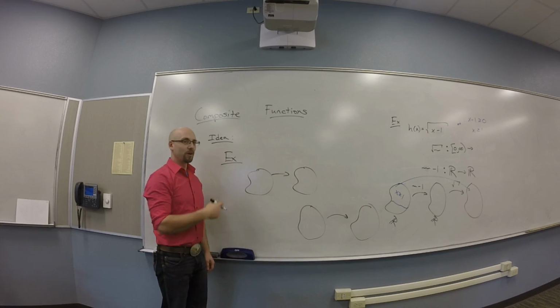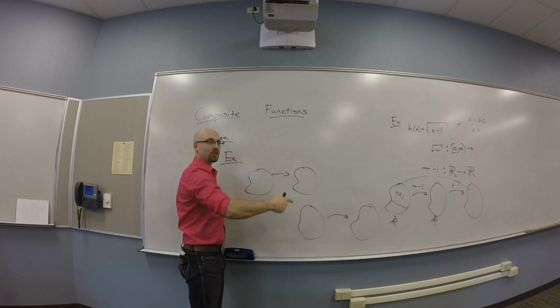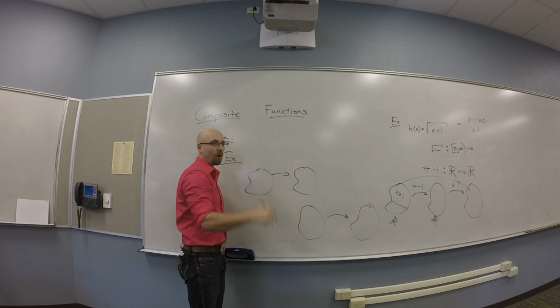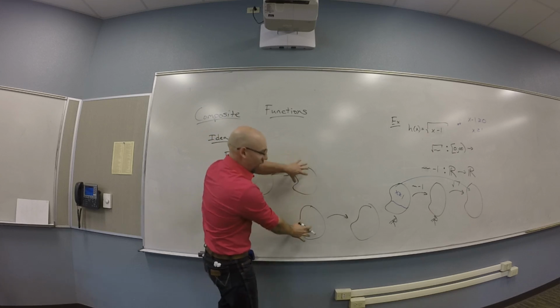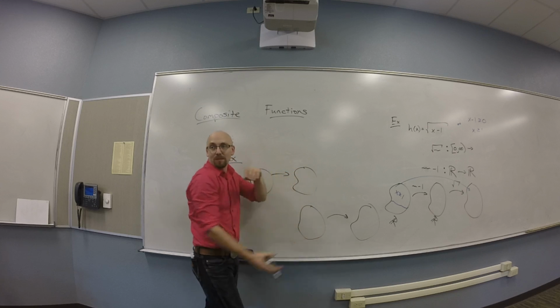I want a first function that goes somewhere, and then a second function that can't take any of those outputs. I really do want these blobs to be totally separated. So let's see if we can make something like that.